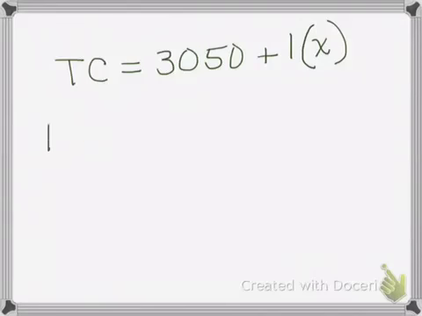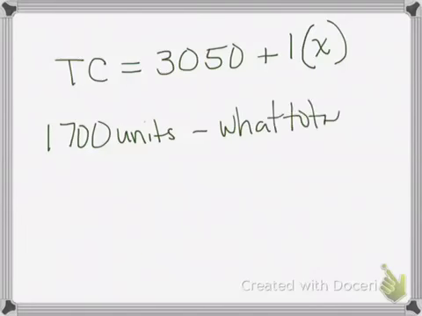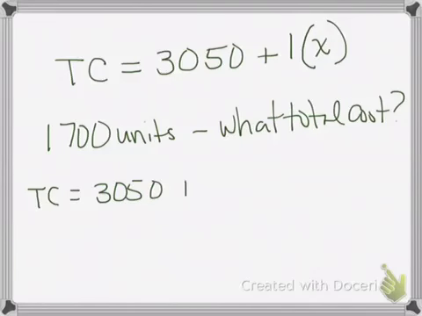Now, if I actually produced 1,700 units and I wanted to know what is the total cost, what I would do here is I would substitute it into this equation, and so my total cost would be equal to that $3,050 fixed cost plus $1 per unit.